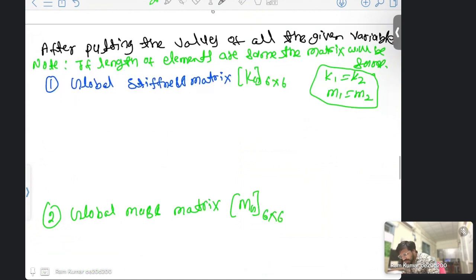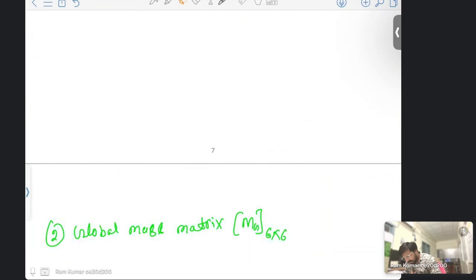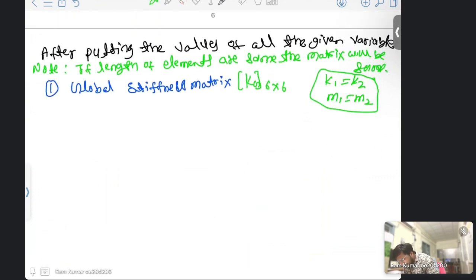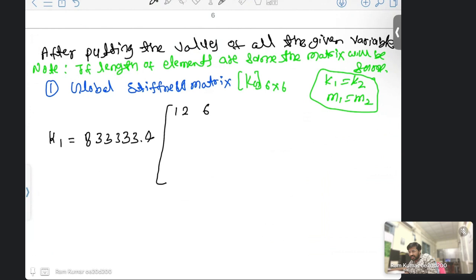First, I will just try to verify what will be your first K1 matrix. So K1 will be, because everything is given, 8 3 3 3 3 3.4, then 12 6 minus 12 6, 6 4 minus 6 2, then minus 12 6 minus 6 2, 12 minus 6, minus 6 4.